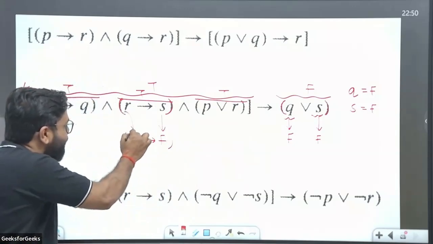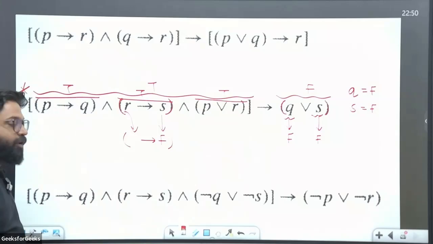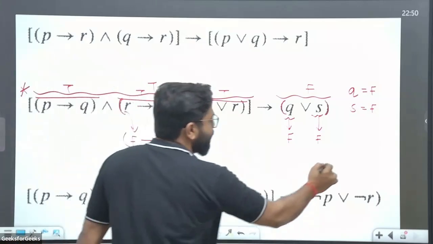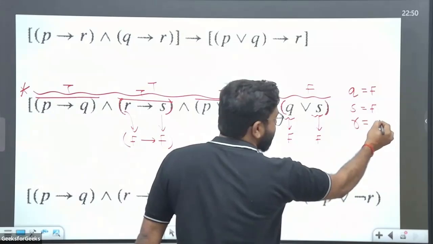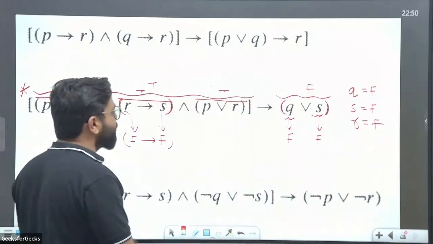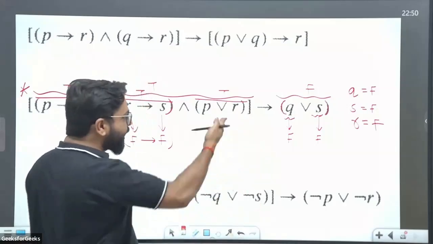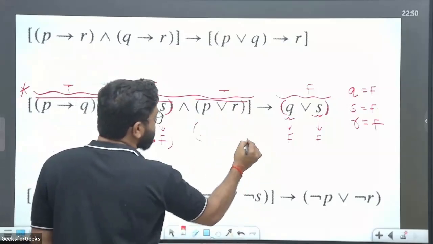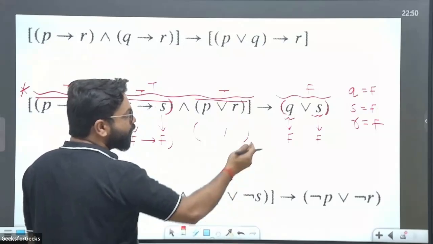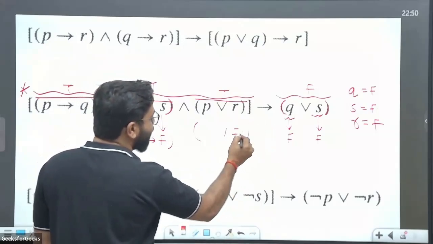What should be the value of R? False. So as soon as you get a value, write it down as it is. The value of R is false. Where is R? R is here. So as soon as you get the value, try to substitute it. This whole bracket is demanding true, and the value of R is false.